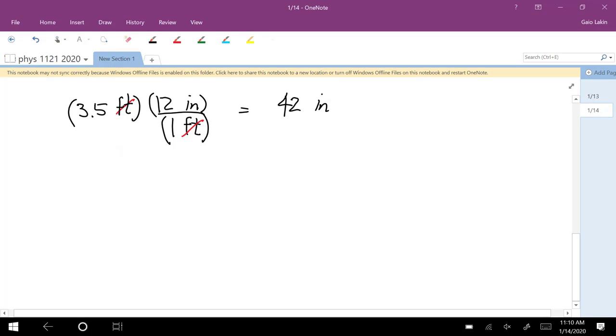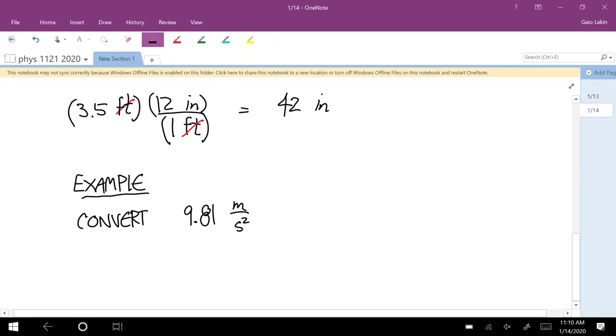Okay, so what about units like meters per second, where you have combinations of these units? So let's say we want to convert 9.81 meters per second squared. This will come up again later, but this is the SI units for acceleration.